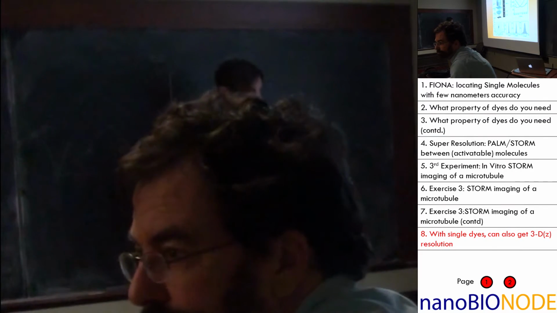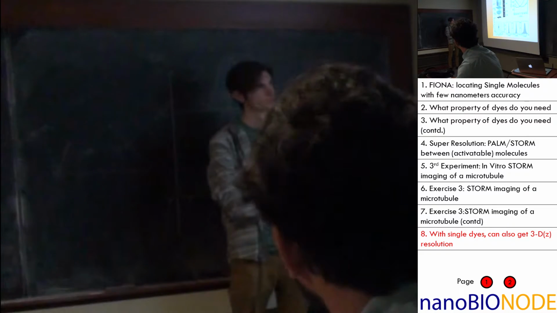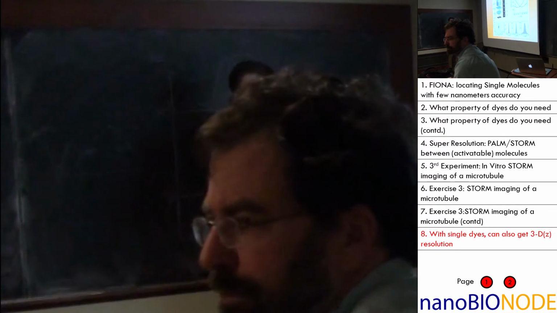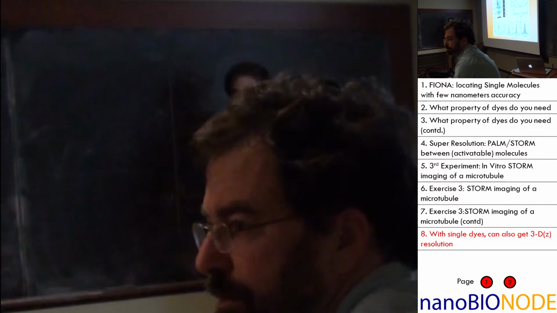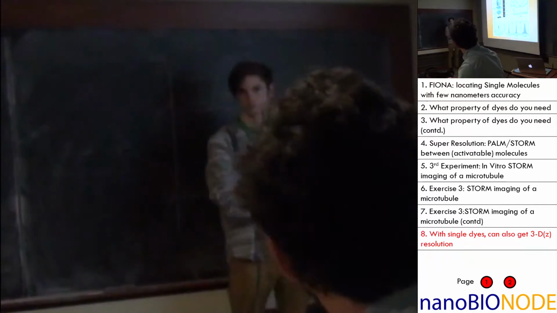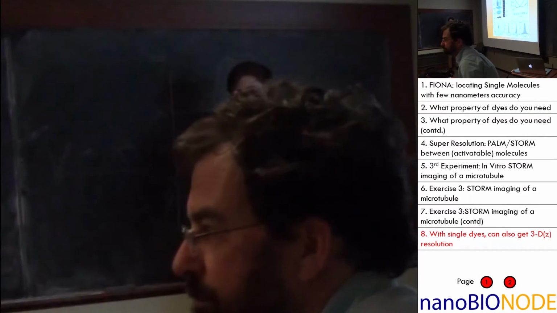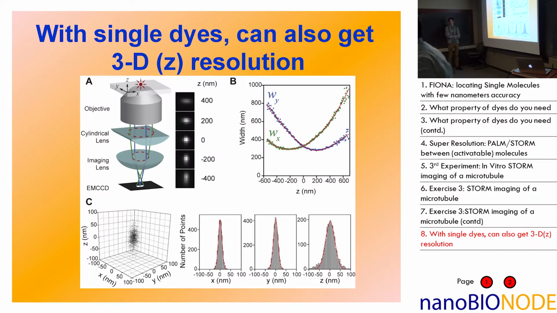The intersect. The width in the y direction and the width in the x direction. That would be when it's in the plane of focus, I think, when that's in the calibration curve. Zero is when it's in plane of focus.